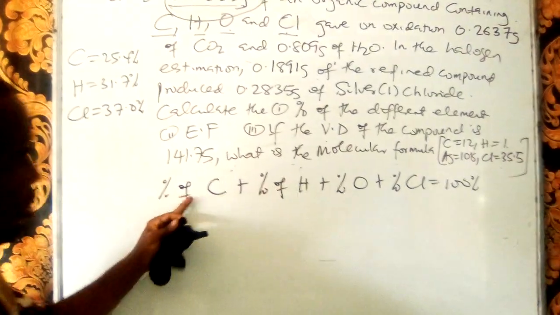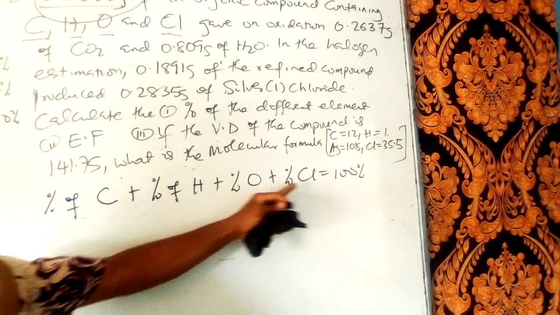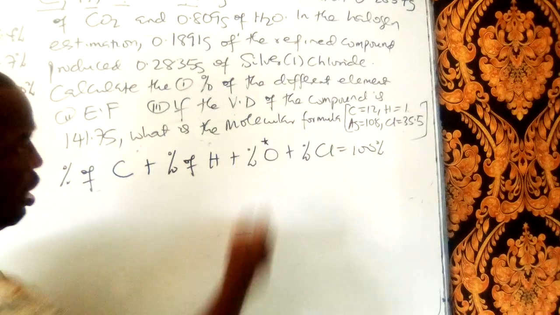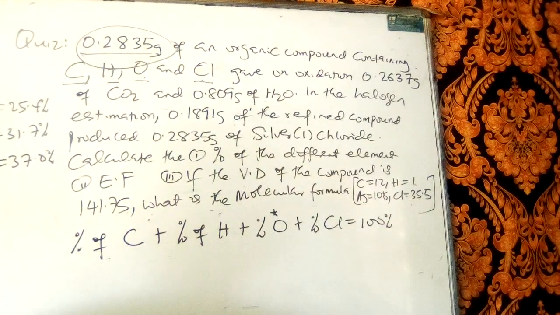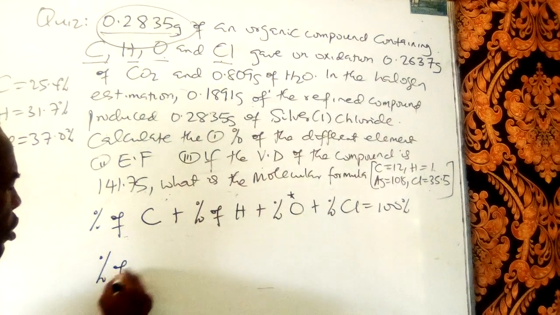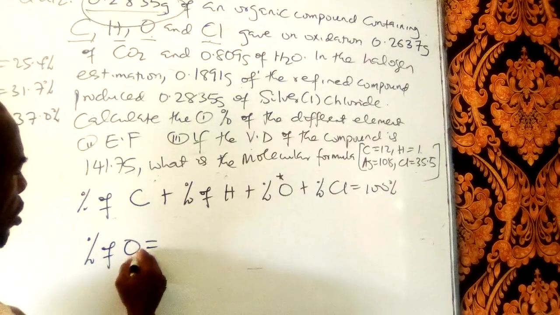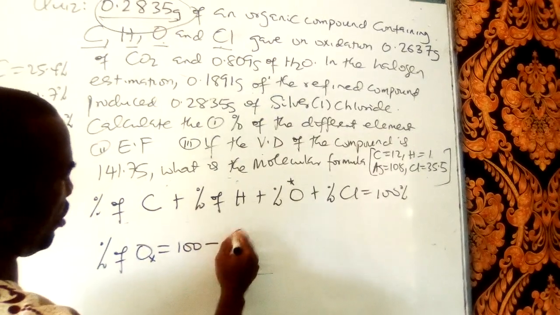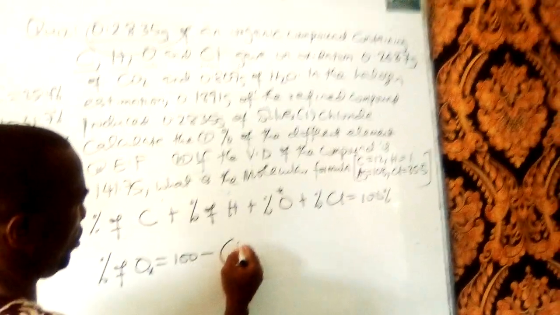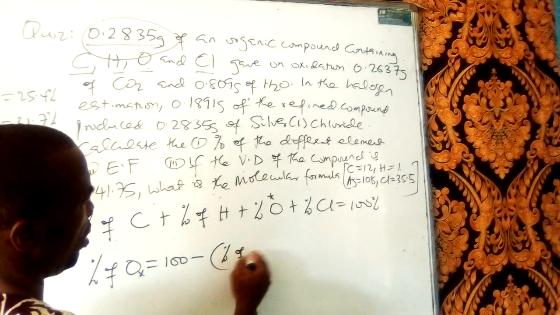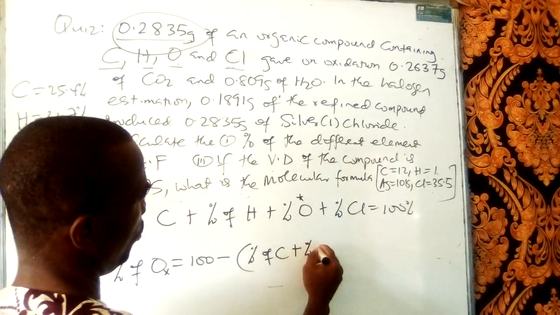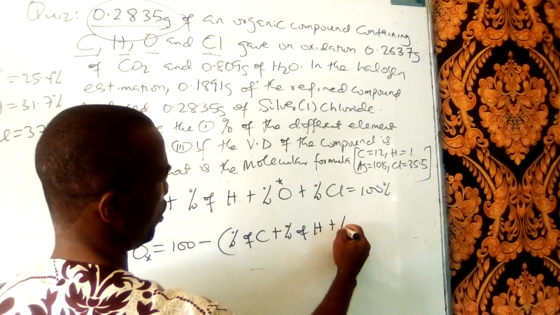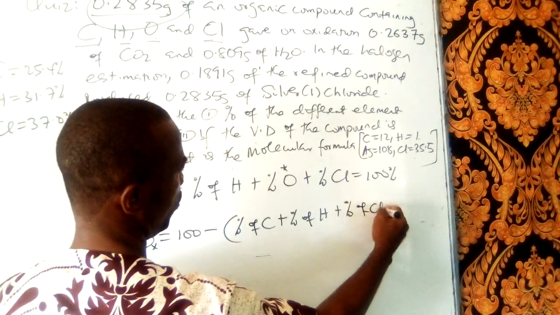So since we have gotten the remaining oxygen, we'll now make oxygen the subject of the formula. So percentage of oxygen will now become 100 minus the sum of that of carbon plus hydrogen plus percentage of chlorine.